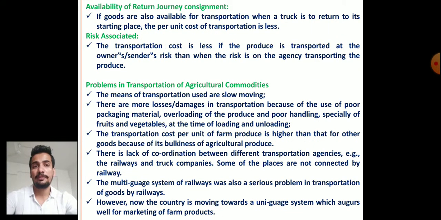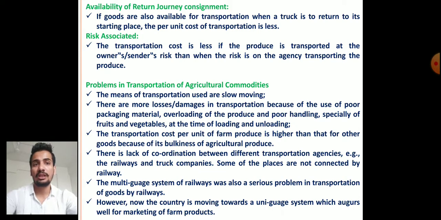The next is availability of return journey consignment. No one can take your consignment as one way; we have to pay for transportation both ways. That's why return journey consignment is most important for the transportation means.